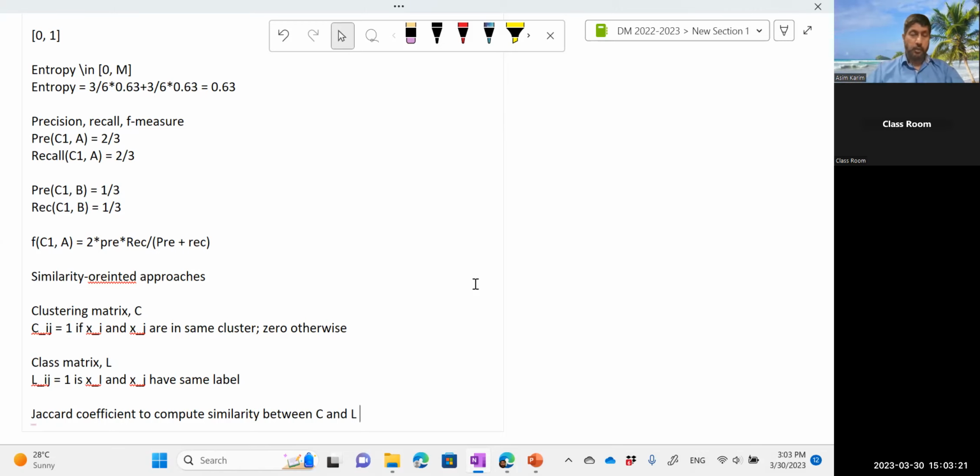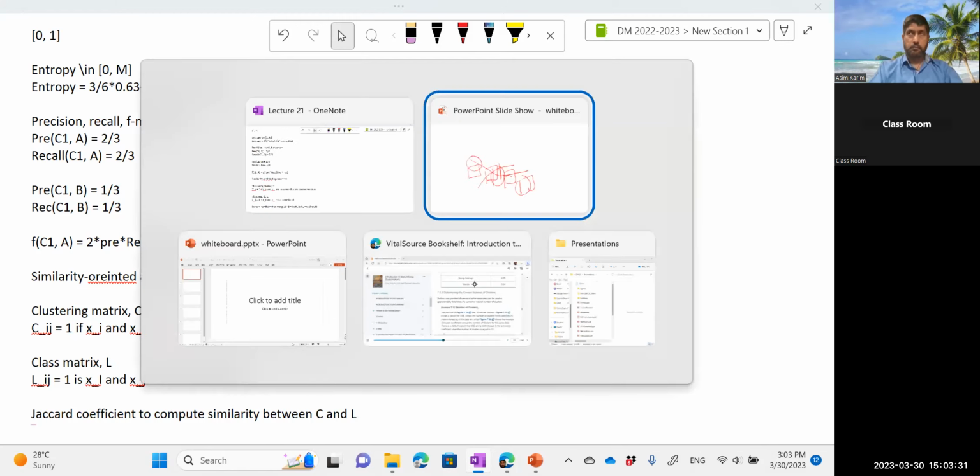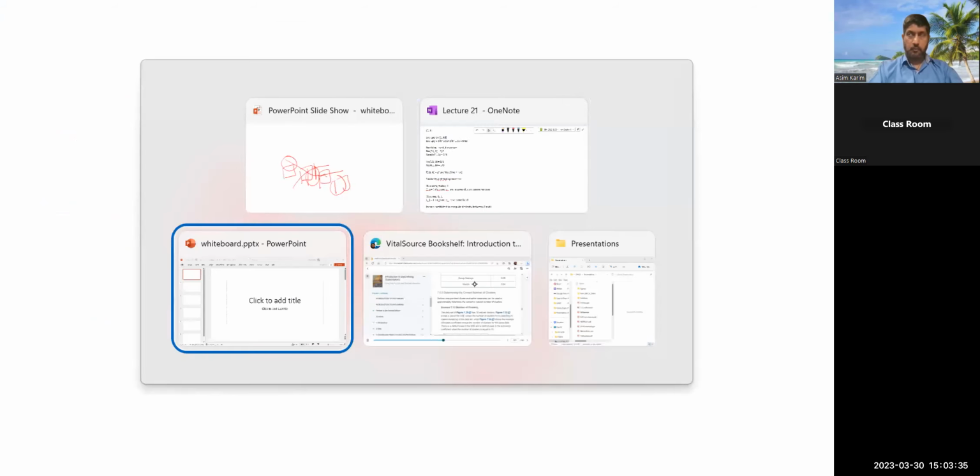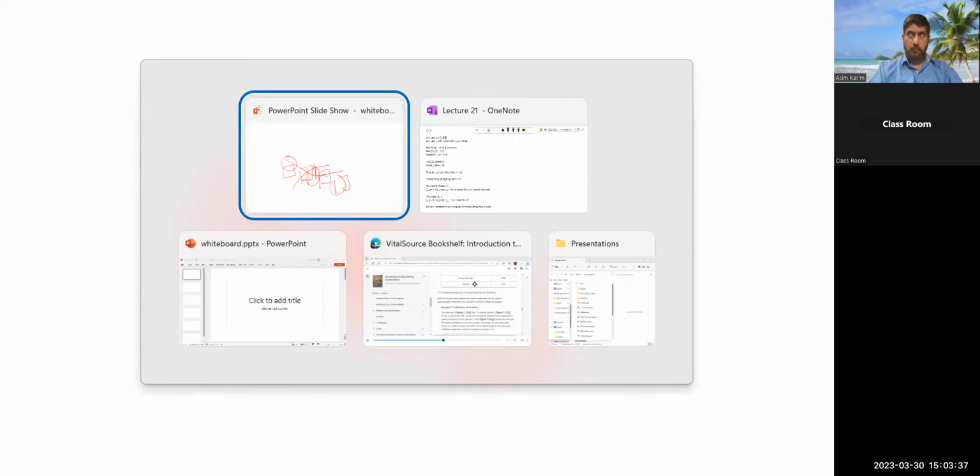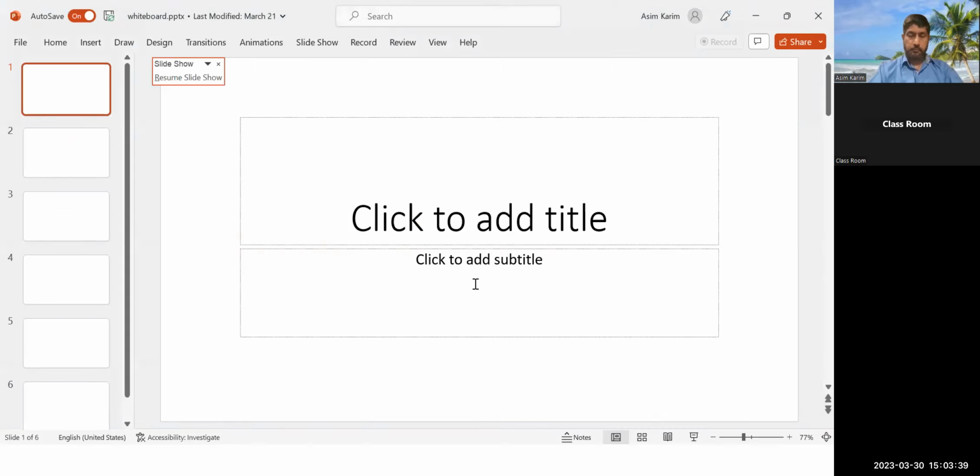So I think that essentially brings us to the end of cluster validation. Are there any questions? Any questions?